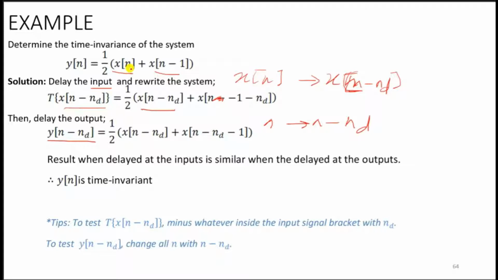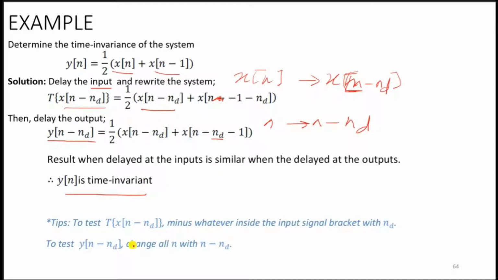So simply add inside the brackets n - nd. When we compare the two, when the result of delaying the input is the same as the delayed output, then y[n] is time invariant.